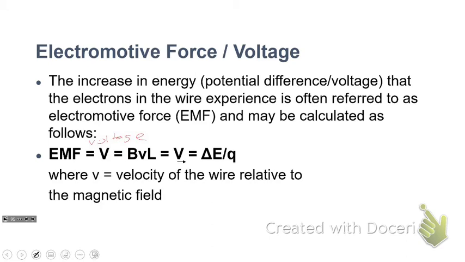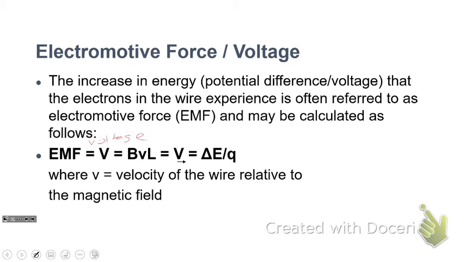Okay, so the electromotive force, isn't that just like the change in V? V equals EP over Q, this one here? Isn't that just the change in V? Yeah, and this would be the change in potential energy too, right? Or the change in energy, yeah.